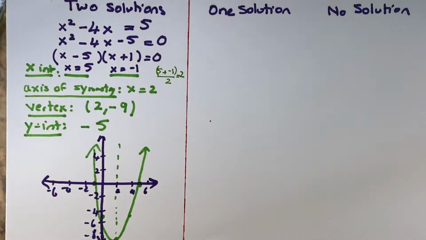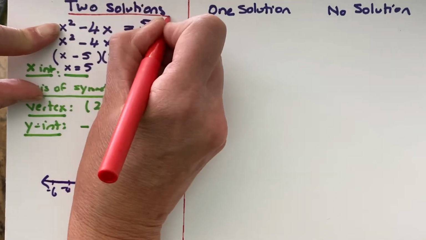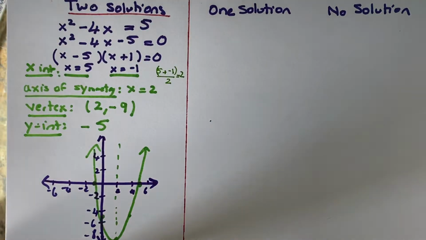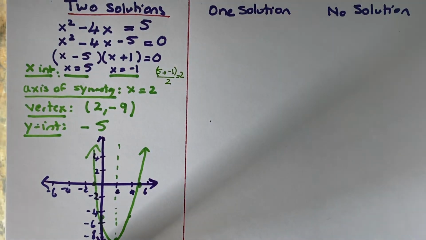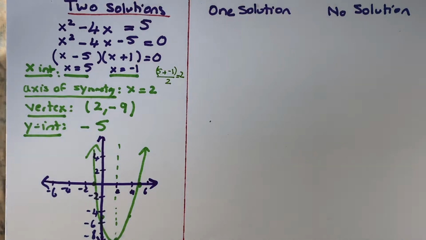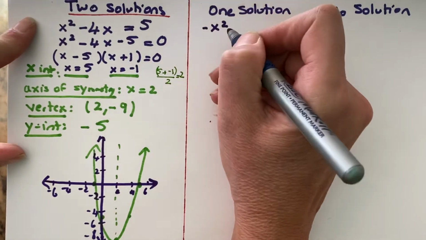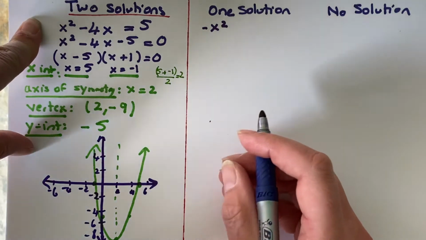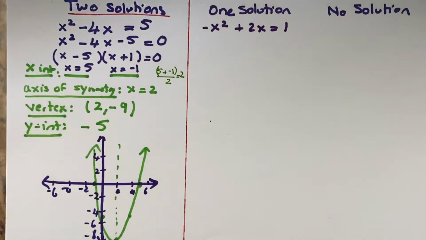Okay, so that was two solutions. What does one solution look like? Well, let me start with an equation. -x² plus 2x equals 1.